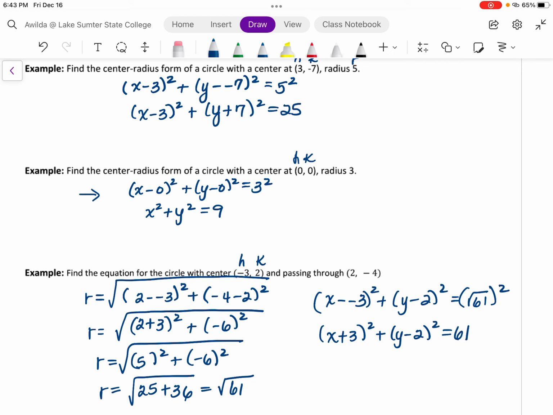This is the equation of the circle centered at the point (-3, 2) and with a radius of the square root of 61. This is considered standard form, so there's no need to go ahead and multiply out what (x + 3) quantity squared is or what (y - 2) quantity squared is. This is the best way to leave the equation.